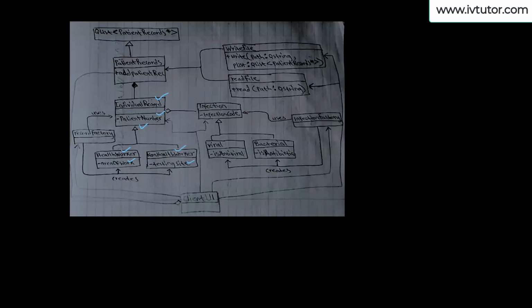And then we learned that these patient records should be stored in a list or a container of some sort. So you went with patient records, which is now representing your container, which is going to store your records. And for your container, you just went with inheriting from a queue list. Now, I get it, but a queue list is of type patient records, whereas your class is of type individual record.